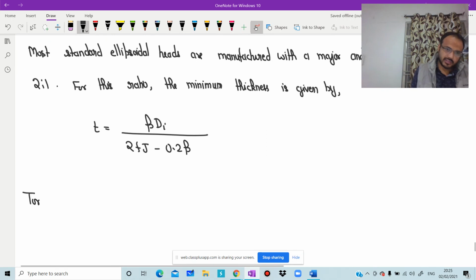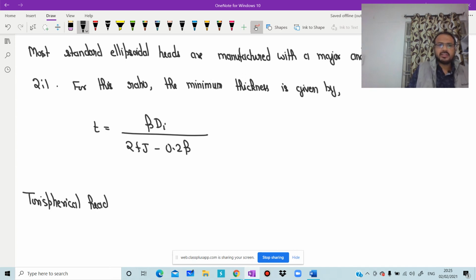In case of torispherical heads, there is a term knuckle radius that is associated with the torispherical head. They ask this question also in GATE exam.